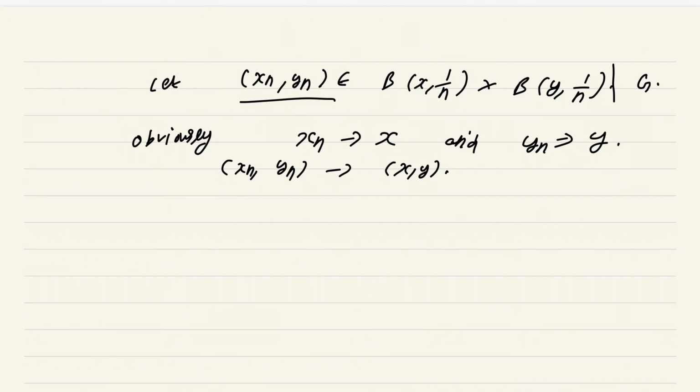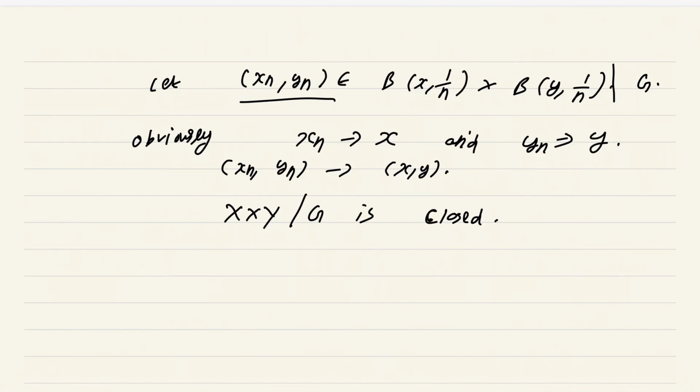Okay, but X cross Y set minus G is closed because G is assumed to be open. So X Cartesian product Y set minus G is closed. But we have just seen that (x_n, y_n) is a sequence in X Cartesian product Y minus G. Remember, because that's the way we have chosen this sequence.